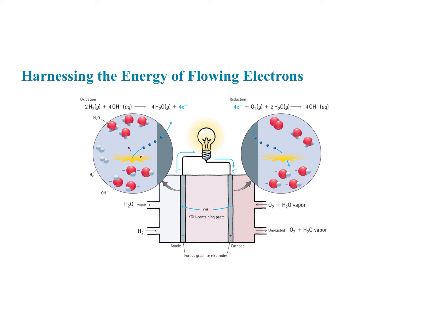That is, it loses electrons. And so these electrons then flow from this electrode, which is going to be the anode, and it'll flow through the light bulb, and then it comes over here, and those electrons meet up with the oxygen. And so we can see these reactions here.